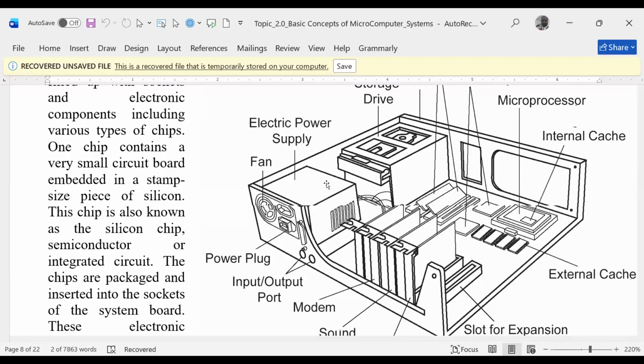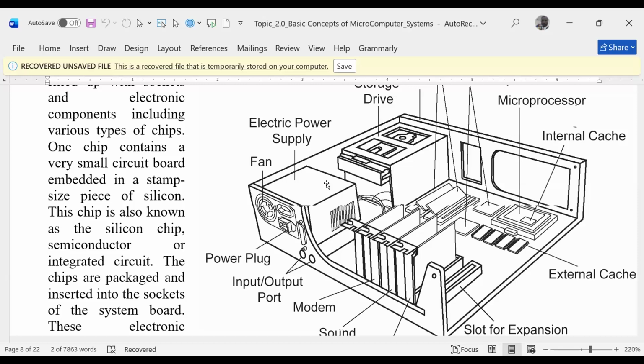We don't connect the mouse to a power socket, and we don't connect the keyboard to a power switch. They all get their power from the power supply. So the power supply provides electrical power to all the components inside the system unit.